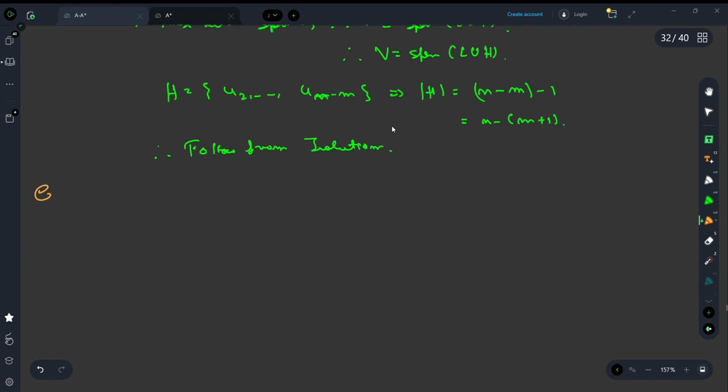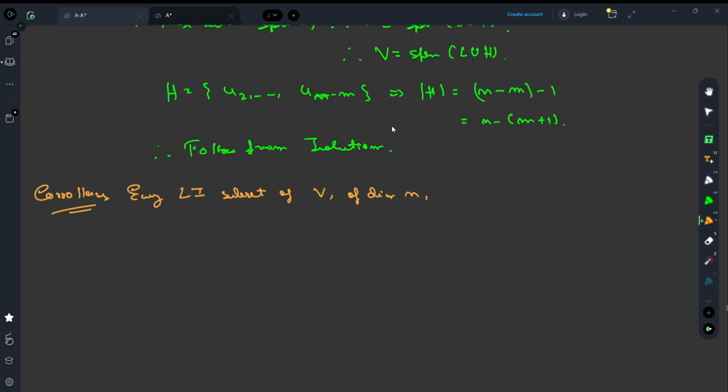Okay. And a corollary of this replacement theorem says that every linearly independent subset of V, where V is a vector space of dimension n, can be extended to a basis.